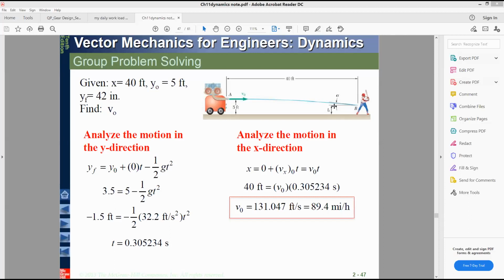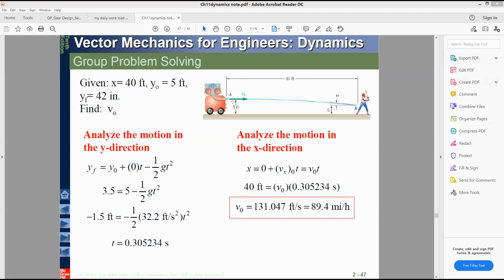And here it is given that h is equal to 42 inch. So 42 inch in terms of feet, how much is it? Very simple, na? 3 feet and 3.5 feet we can say. No? 3 feet 6 inch.